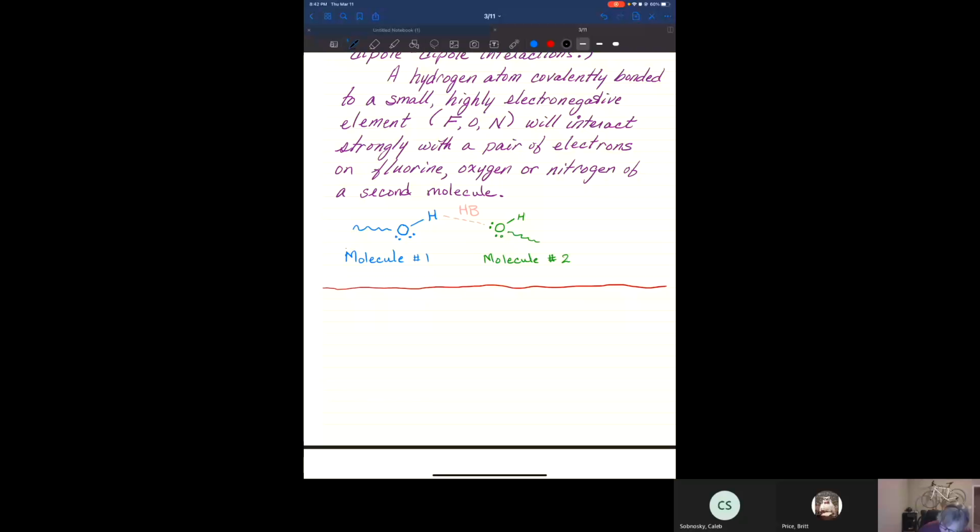All right, so if you have a nonpolar compound, you get London dispersion forces. If you're a polar compound, on top of the London dispersion forces, you have dipole-dipole.